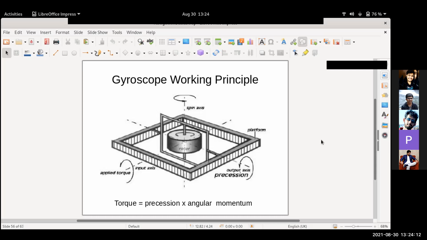Basically, the torque applied at the outer part can be measured using the precession in the inner gimbal. So that is what this expression is also saying. Torque equals precession cross product with the angular momentum, which is the spinning wheel. If you have a larger angular momentum, the effect is larger.